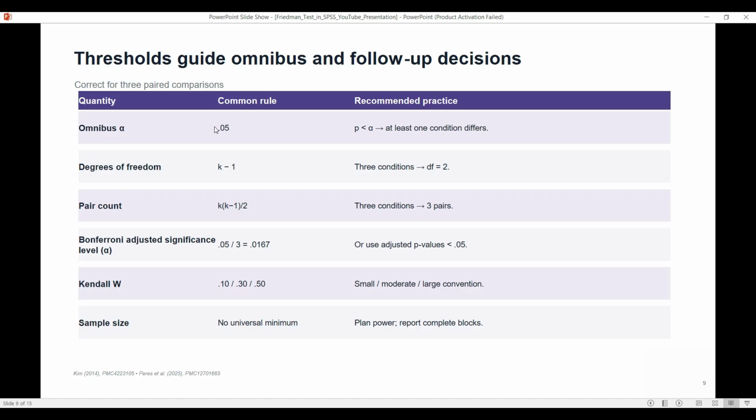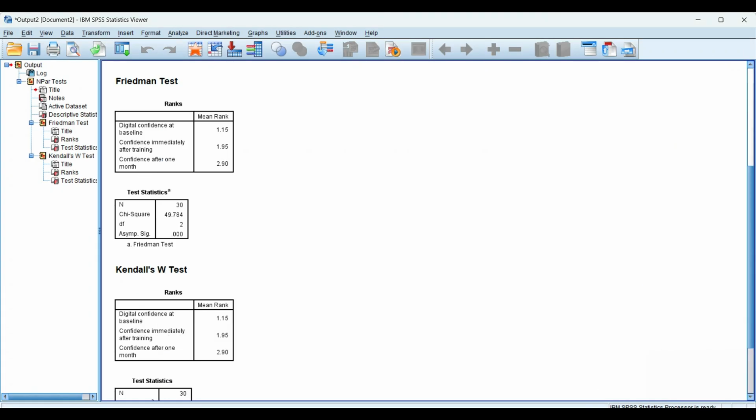In this way, we reject the null hypothesis and accept the alternative hypothesis, because there is a significant improvement from baseline to after 1 month. It means there is a significant difference. The chi-square value is also 49.784. So in this way, we reject the null hypothesis and accept the alternative hypothesis.